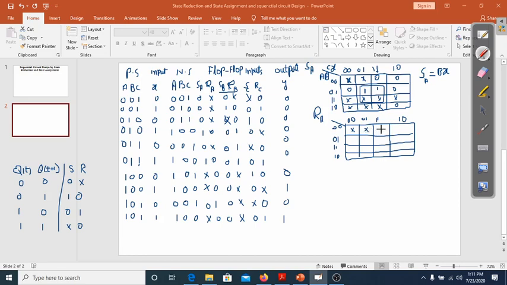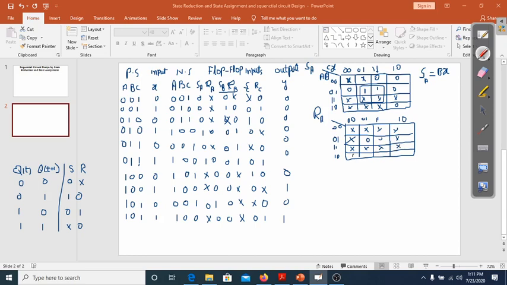You can see it from the table. This box is 0, this is 0, this is a don't care, and these values do not exist in the excitation table. So this whole row is don't care, all the boxes in this row.